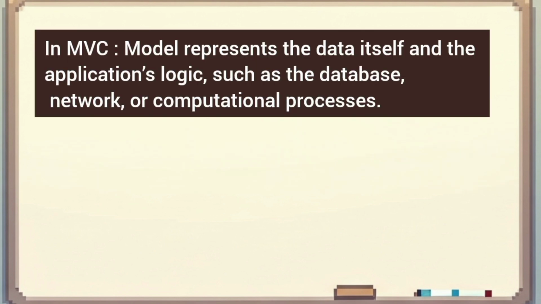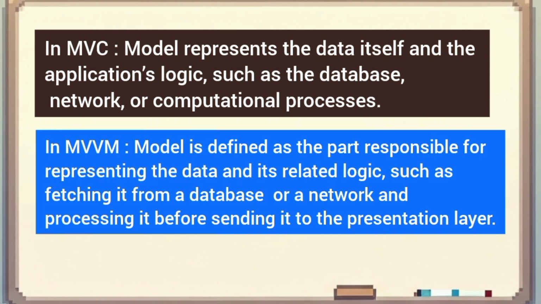In this pattern, the model represents the data itself and the application's logic, such as the database, network, or computational processes. Most developers have likely encountered this definition before. In the MVVM pattern, however, the model is defined as the part responsible for representing the data and its related logic, such as fetching it from a database or a network and processing it before sending it to the presentation layer.